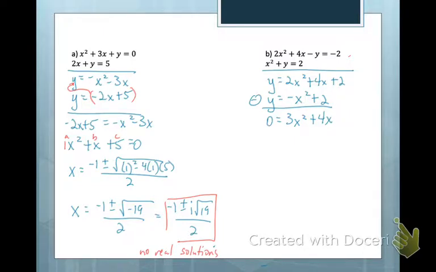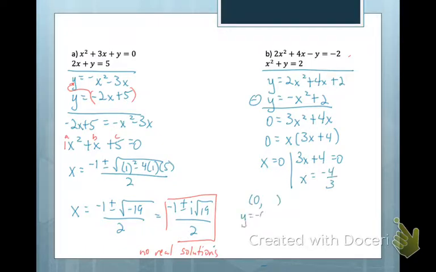So now to solve this, I can factor out my greatest common factor of x. I'm left with 3x plus 4, and I can set each of those factors equal to 0 and solve. So my first x value is 0, and my second one is negative 4/3. So I'm going to end up with 2 real solutions.